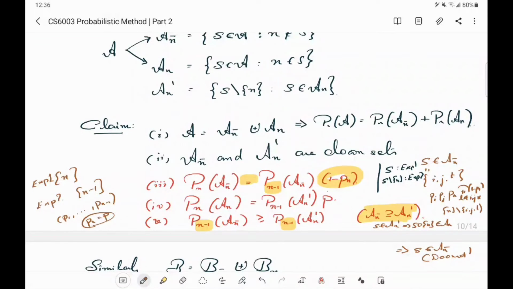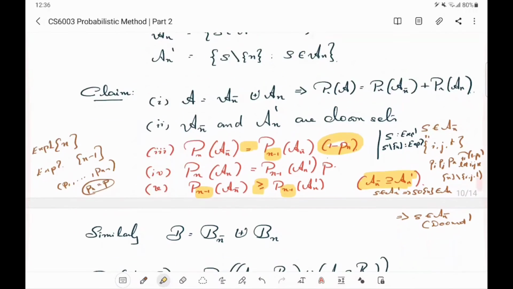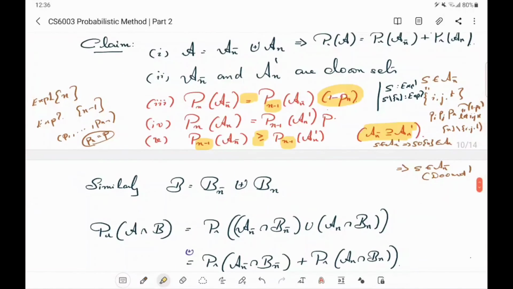Because S is a subset of S union n. So this An prime is contained in An bar. Both of them are subsets, even though here the subscript is n. Remember that none of them actually contain n. So they are valid events in the second experiment, and since one event is contained in the other, this inequality is easy to verify. Okay, so these are the 5 claims for this.